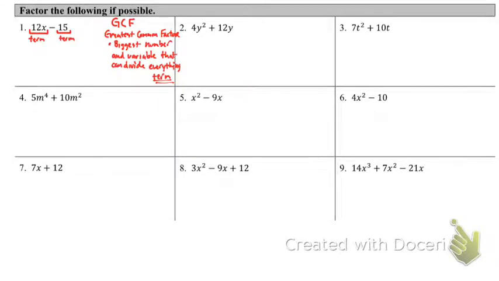I like to take the smallest guy between the two. So we have 12 and 15. The smallest guy between the two is 12. So I'm going to list everything that I know that can divide 12.